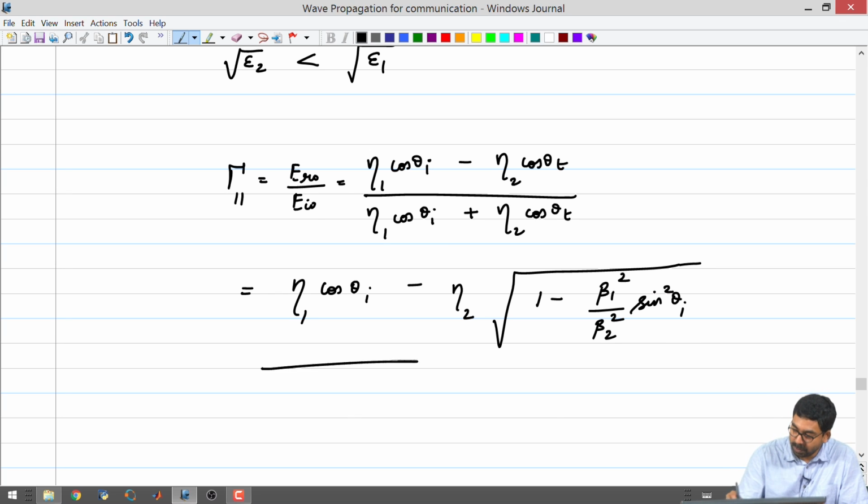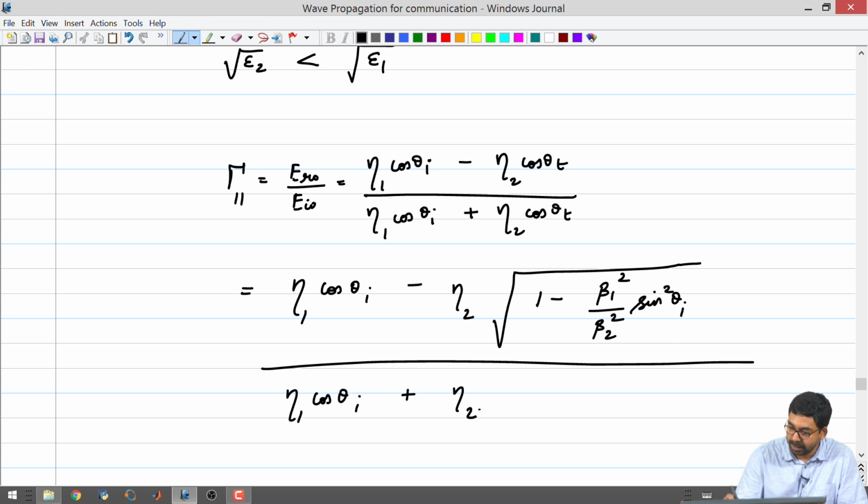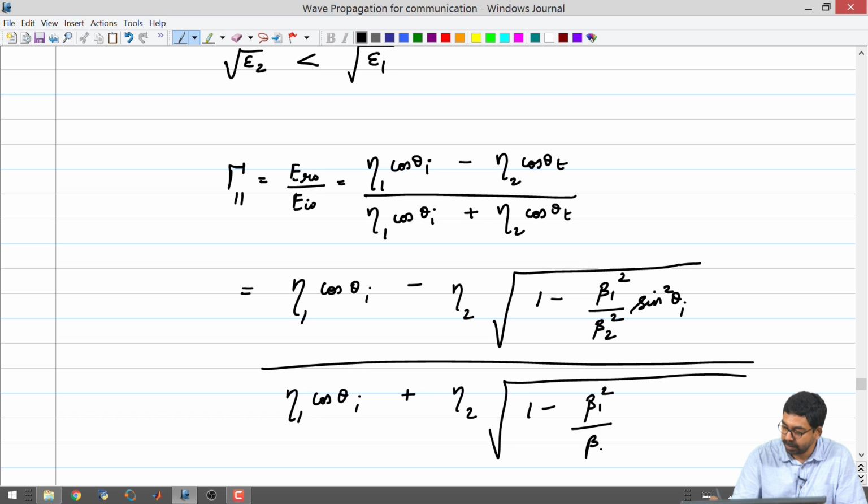Okay. So, once again the denominator I have eta 1 cos theta I plus eta 2 cos theta t, once again it is 1 minus beta 1 square by beta 2 square sin square theta I. Okay.